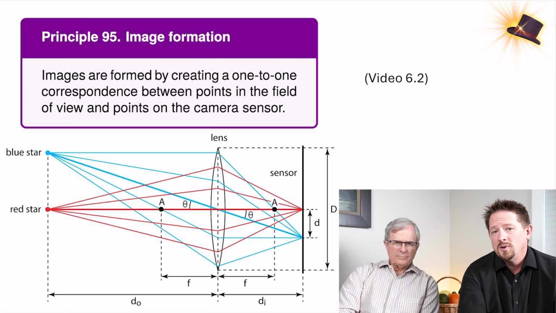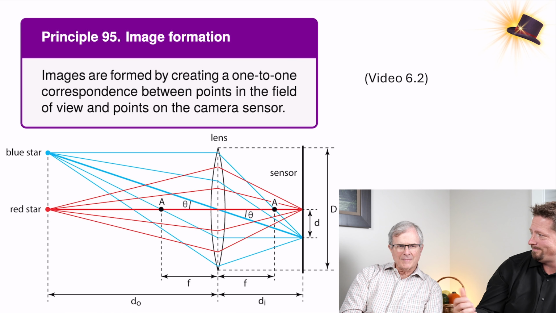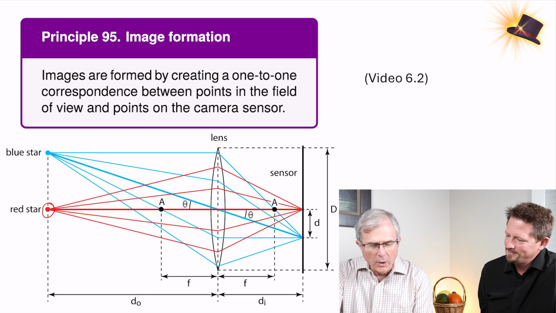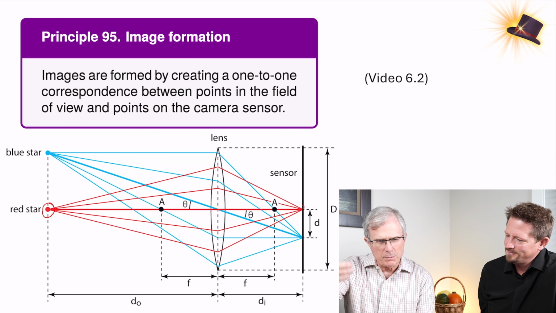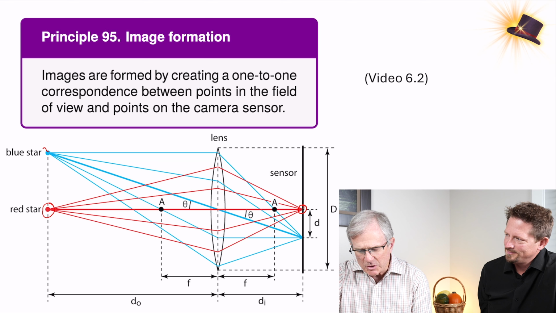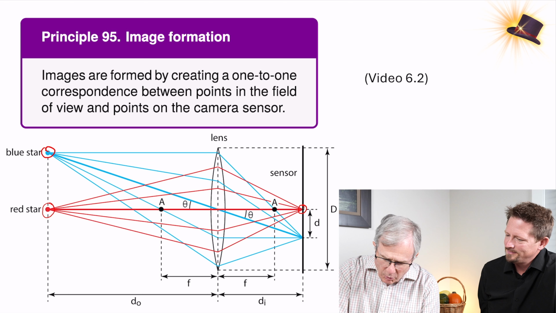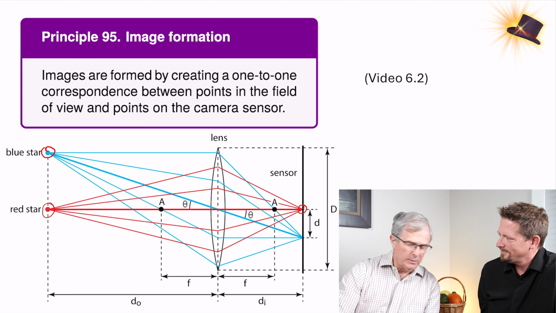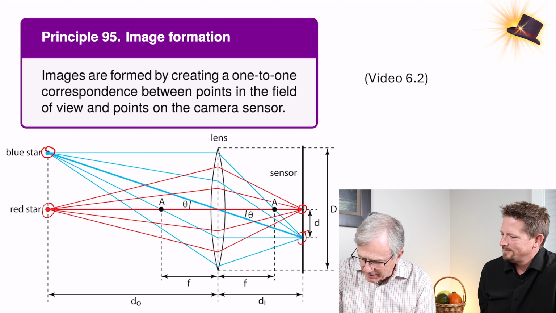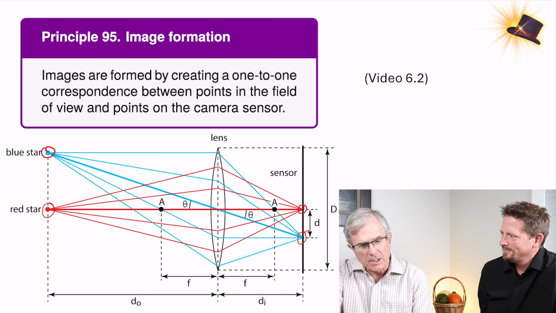All right, review. Image formation. In a previous video, we talked about how images are formed. A point in the field of view gets mapped to a point in the image plane, and each different point in the field of view gets mapped to a different point on the sensor, and that's how you get an image.